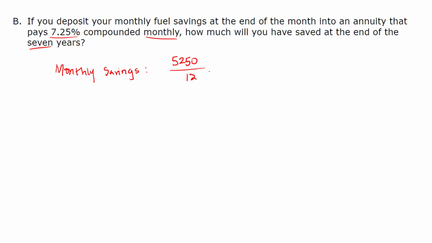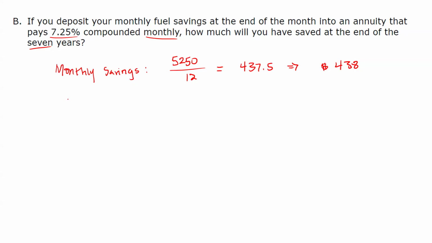So per month, we would need to divide by 12, and we would get 437.5, which is roughly $438. So that's our monthly savings. That's what we're going to be putting into our annuity account each month.